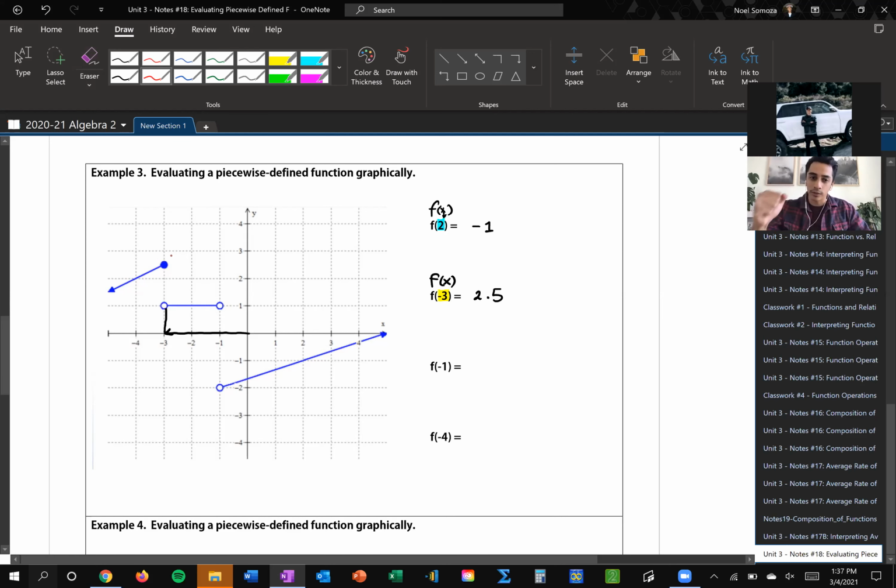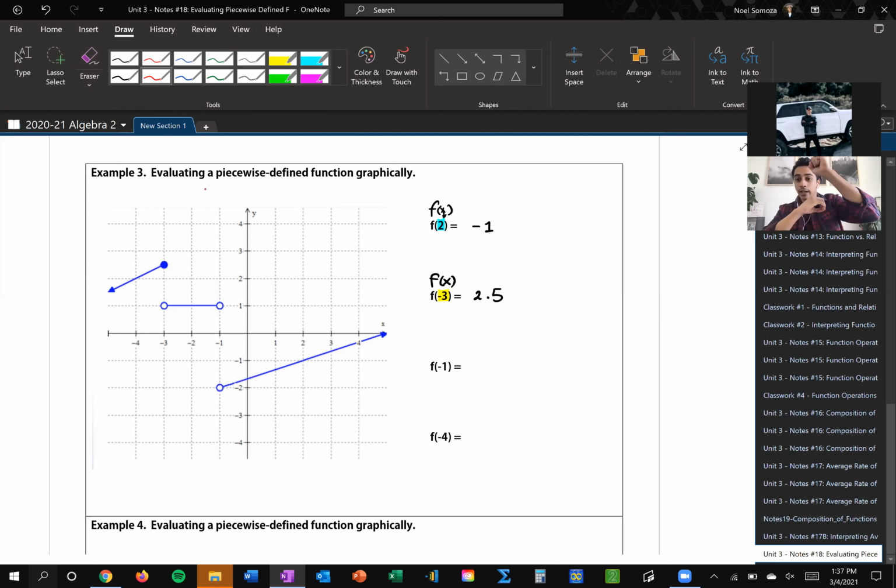This one tells you this is my legitimate output. So that could be one of those tricky ones. At -3, you have an open circle and then you have a defined one. The defined closed circle will override. So that's the one that you use for your output. Are we clear on that? Good.